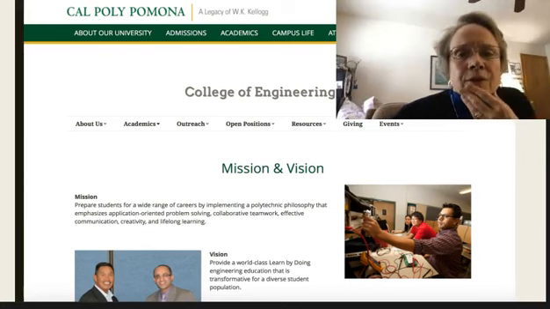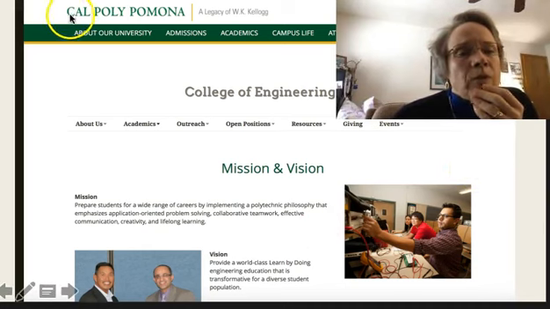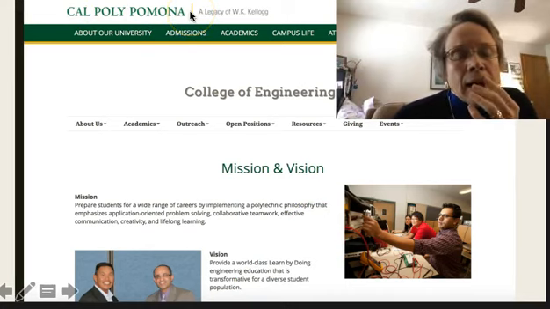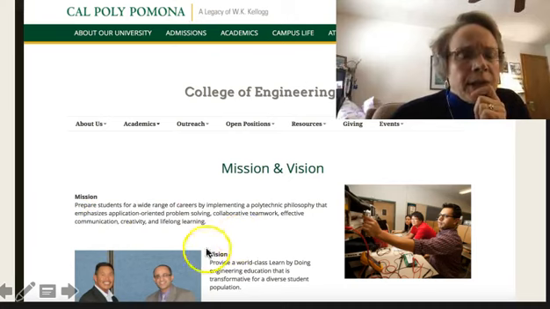So another advantage of mission statements is they tend to be concise. Here's one from Cal Poly Pomona in Southern California, one of the campuses we happened to visit. And here is an example of a mission statement and a vision statement that recognize diversity. In this case, they have a brief mission statement that gets to polytechnic philosophy, collaboration, teamwork, creativity, lifelong learning, values.